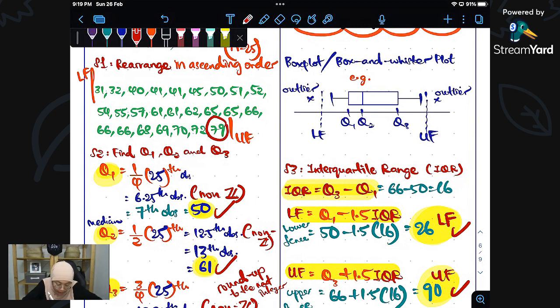Tetapi kita ada nilai yang selepas lower fence ni, which is the 31. We have a 31 and 79. So 31 ni lah yang paling minimum point closest to the lower fence, and the 79 is the maximum value that is closest to the upper fence.